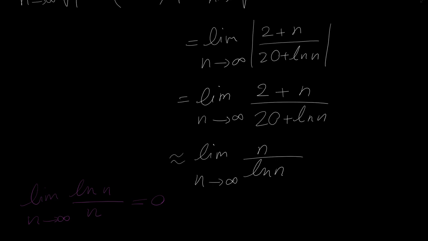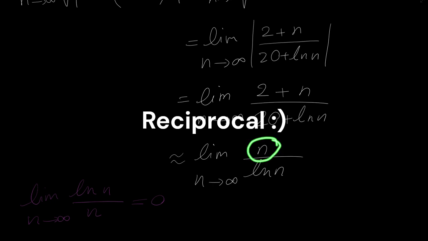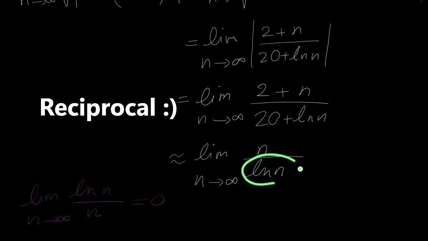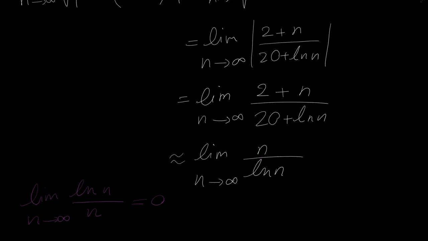But right now we have the opposite. The rate at which n approaches infinity is really faster than the rate at which natural log approaches infinity. So this limit equals infinity and does not exist.